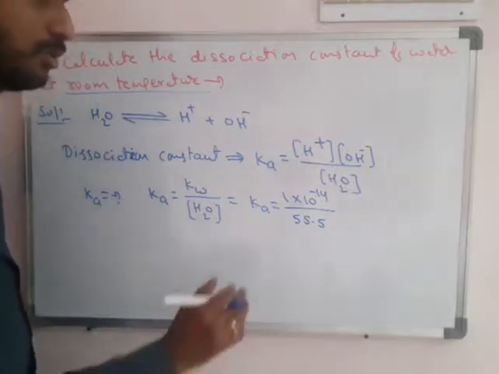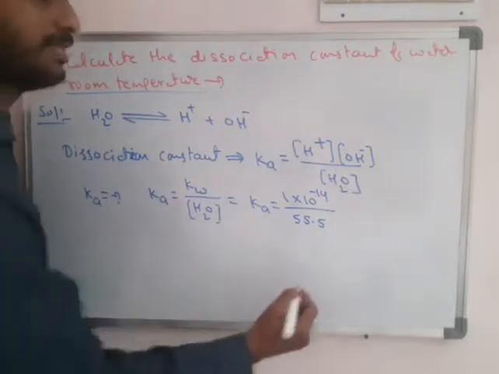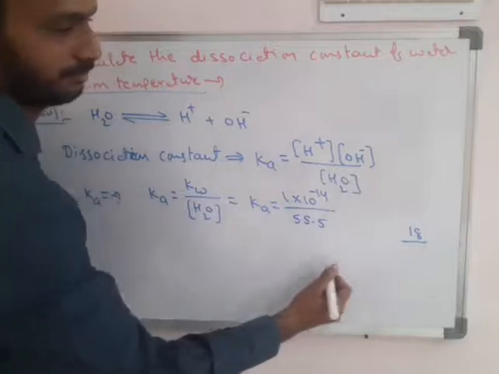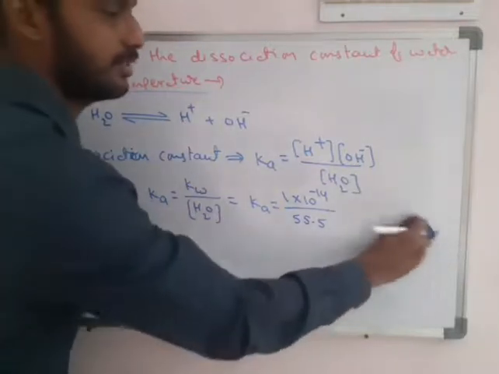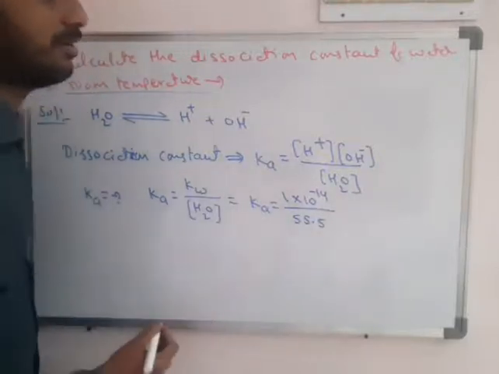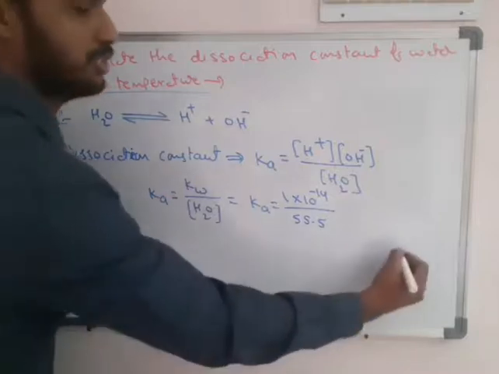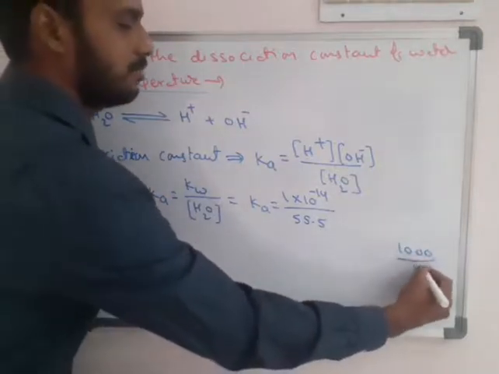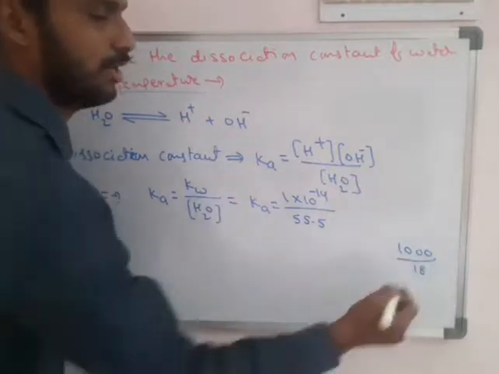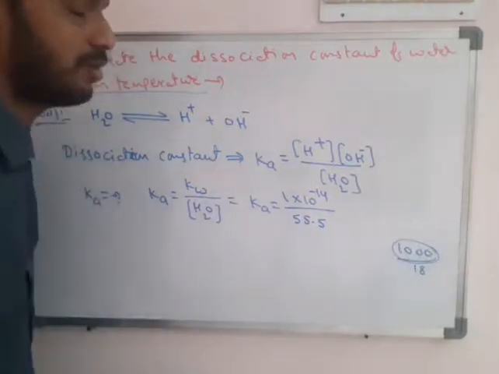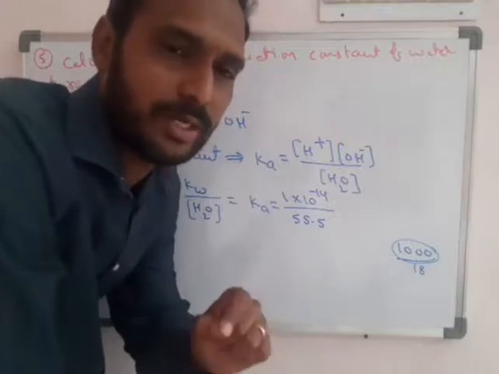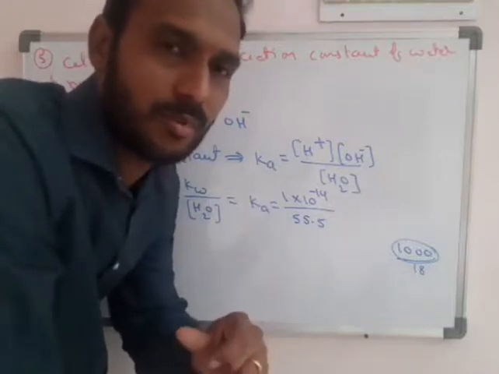Because it is moles per liter, 1 mole means 18 grams. 1 liter means weight by molecular weight. So in 1 liter we will get 55.5. On calculating 1000 by 18, 1000 is the weight of 1 liter of water.